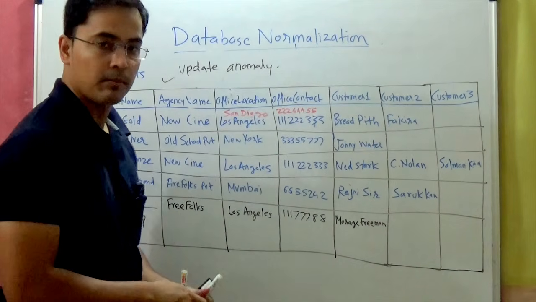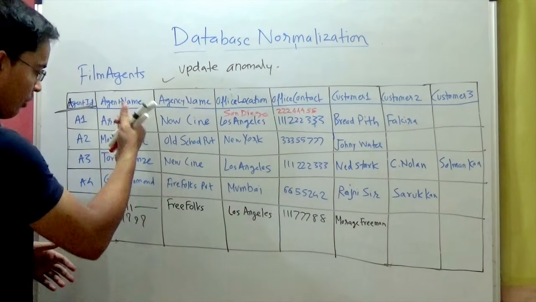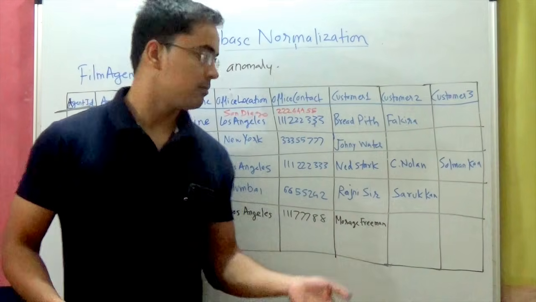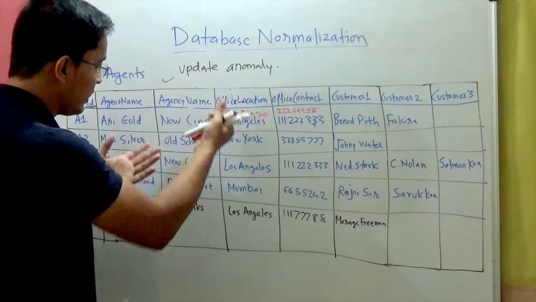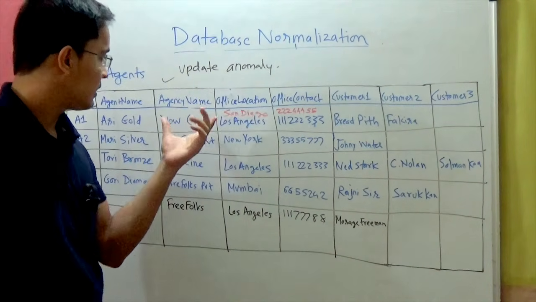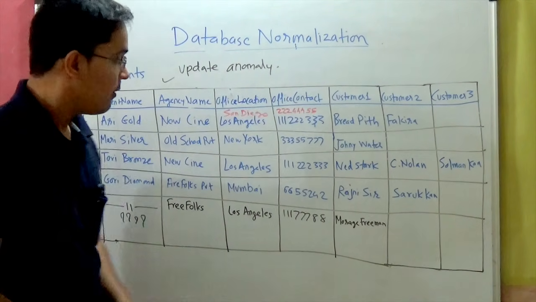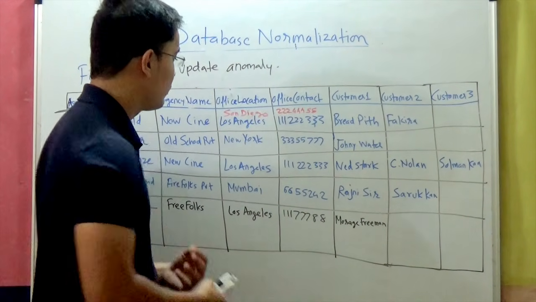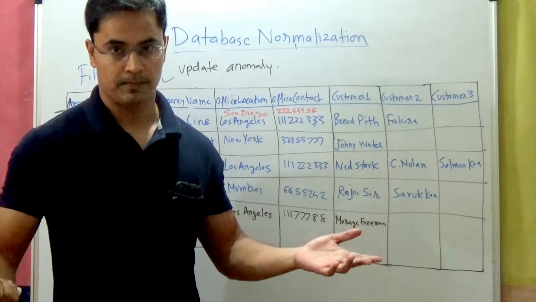But the problem is that because this data is repeated in multiple rows, we are only looking at 4-5 entries right now because of my whiteboard size. But imagine this table has hundreds of records. There will be at least a few more entries, like 20-30 entries of similar data for New Cine agency. So we'll have to make sure that we update the office contact number and office location in all of those 20-30 rows.